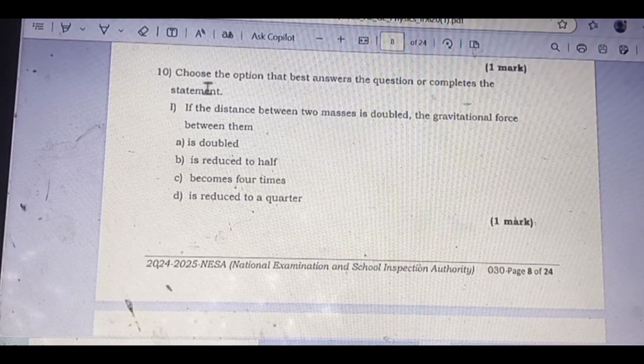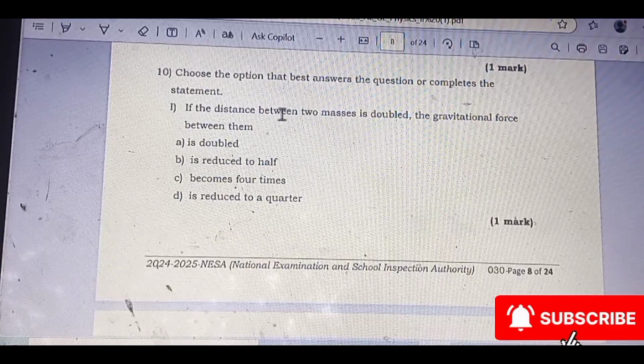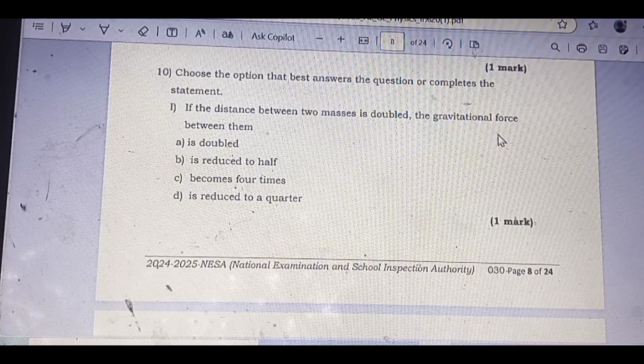Question 10. Choose the option that best answers the question or completes the statement. I. If the distance between two masses is doubled, the gravitational force between them.